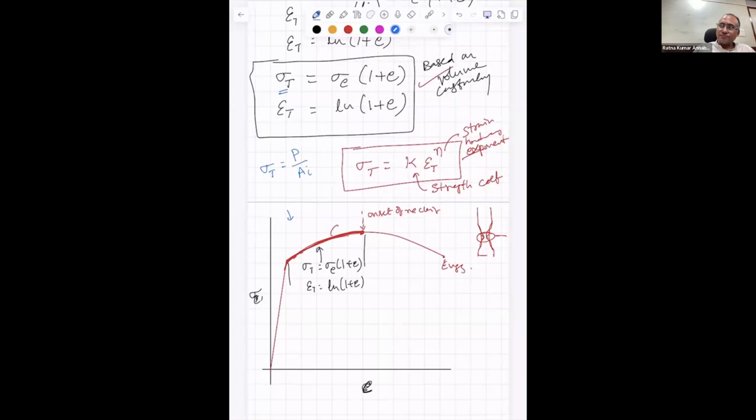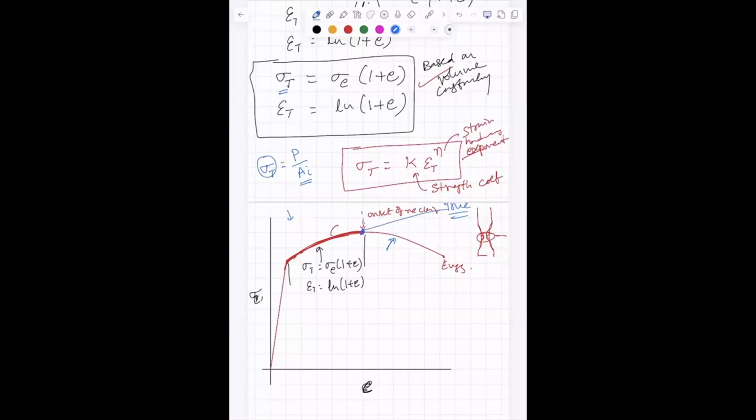Up to necking, and after necking, what happens to the cross-sectional area? It reduces drastically. That means sigma t should increase. So it should not be decreasing like that. The curve should be going like that, isn't it? That is the true stress strain curve.